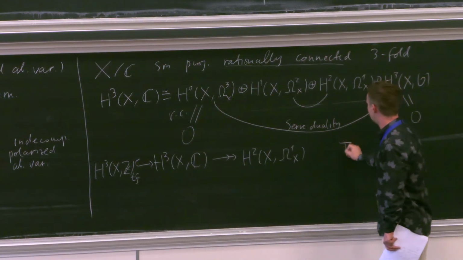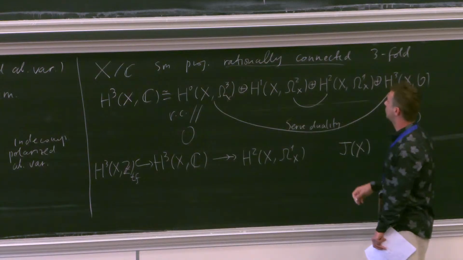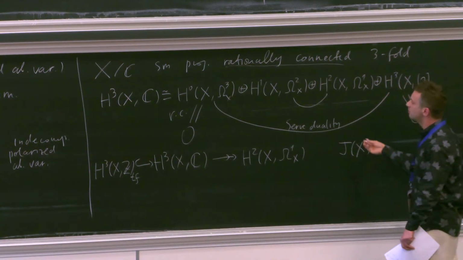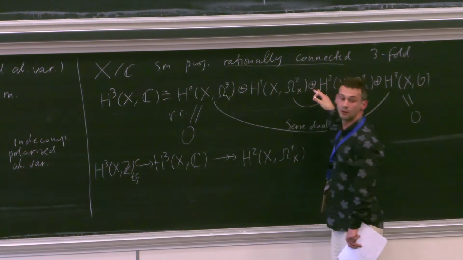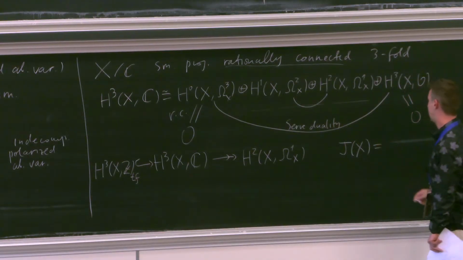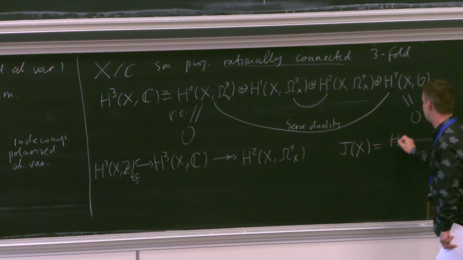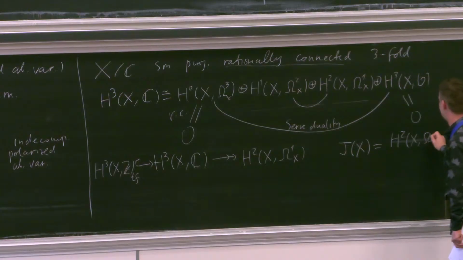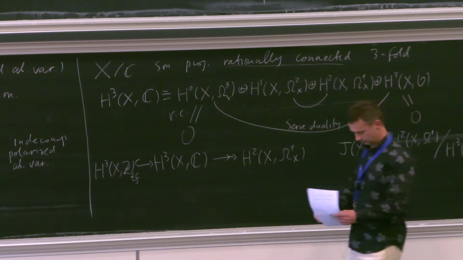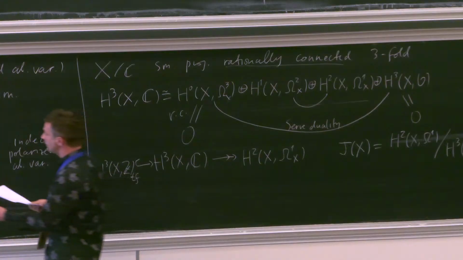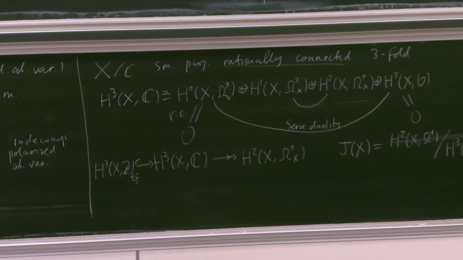And then you define the Jacobian of X, the intermediate Jacobian of X. Intermediate means it sits in the middle, to be the quotient. And then it formally looks the same thing.